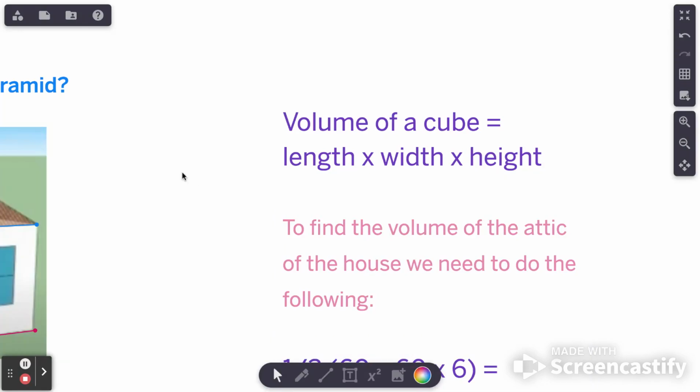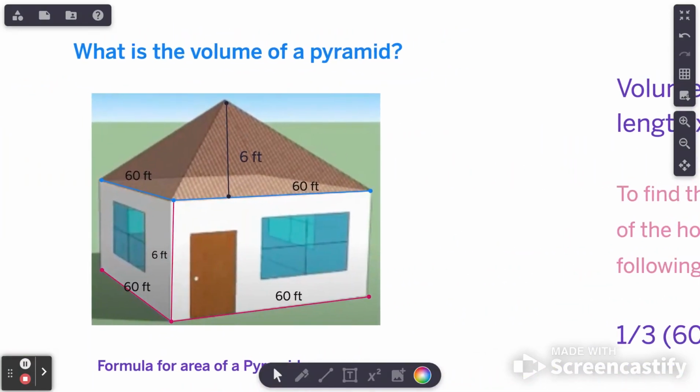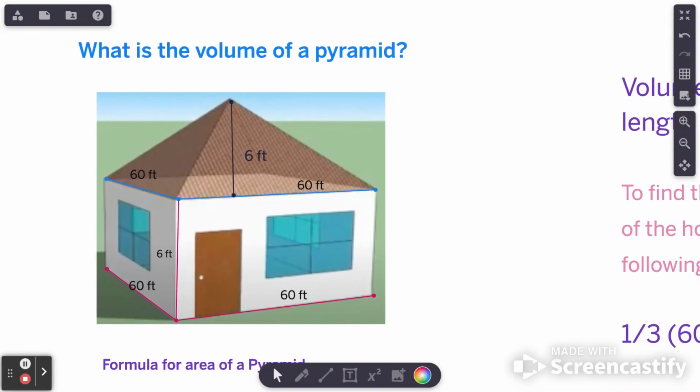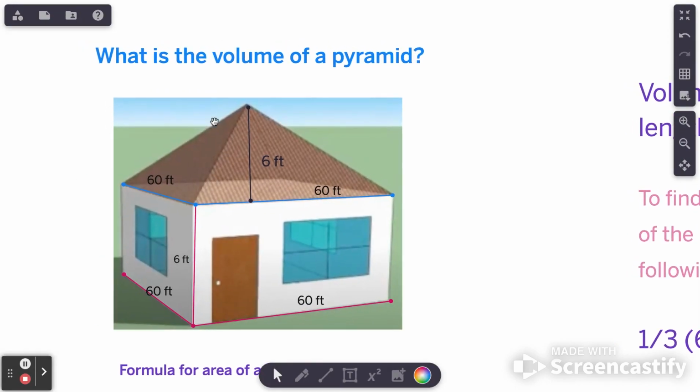But when we have a different type of shape, for example, let's take the pyramid shape that's on the roof of this cubed house or square house. So let's say we want to find how much air can fill all of this space.